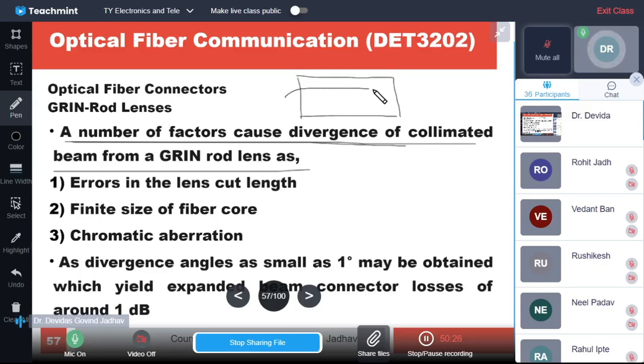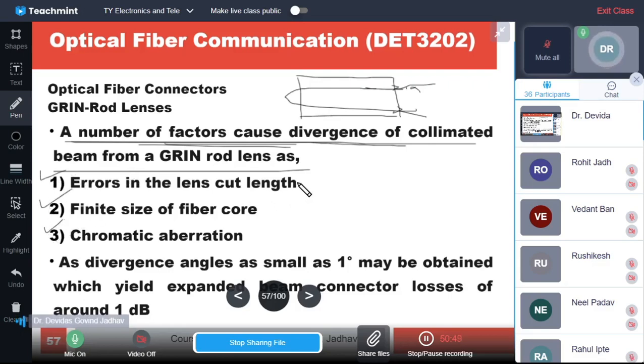The beam is collimated, but this collimated beam has a slight divergence, an alpha angle of 1 degree or a fraction of 1 degree, caused by some of the factors.